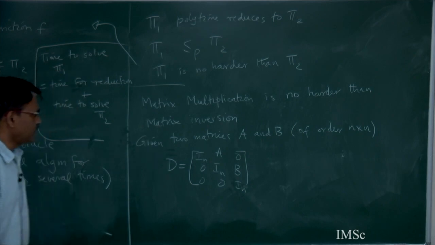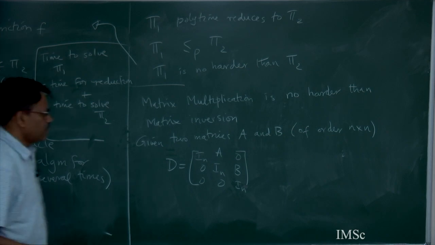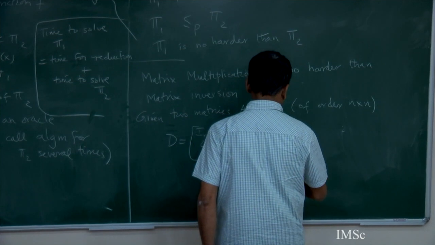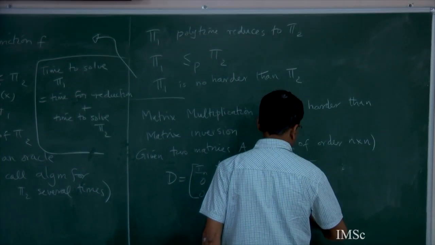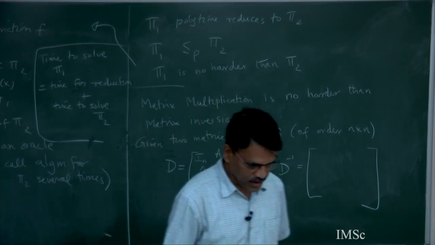I calculate this matrix D and give it to my inversion algorithm and say compute D inverse. Okay. Turns out D inverse is something where the product AB is sitting somewhere.